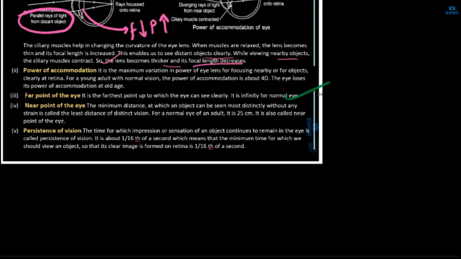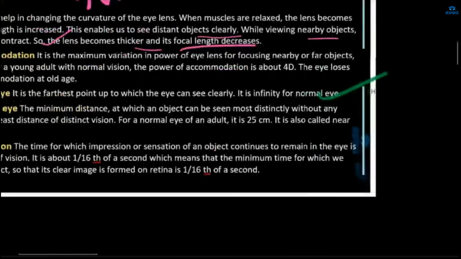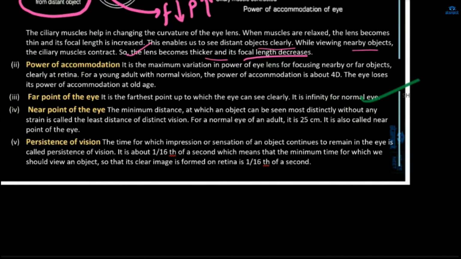This is called the near point of the eye, and it is also called the least distance of distinct vision, which means the minimum distance at which we can see objects very clearly. Every letter should be clear.